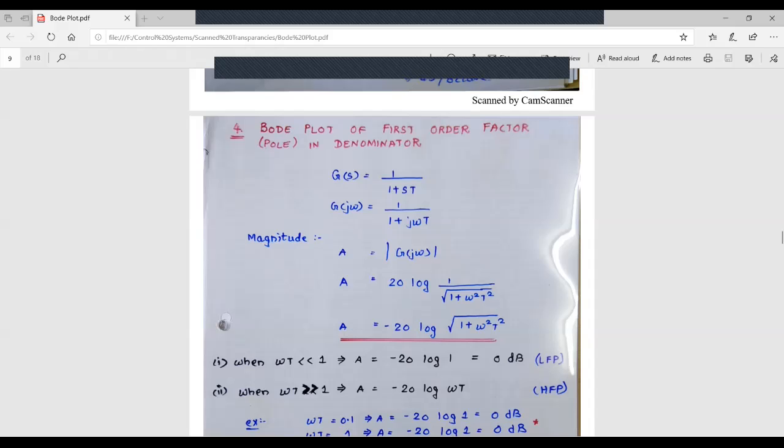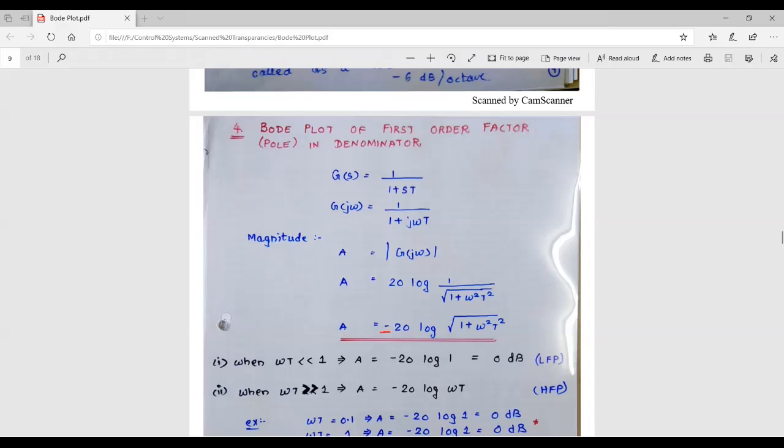Numerator is going to be 1 because under root 1 square plus 0 square is 1, upon under root 1 square, that is 1, plus omega square T square. So this is going to be the magnitude. Now, if you need to take it in the numerator, you need to mark it with negative sign. So this is going to be minus 20 log of under root 1 plus omega square T square.